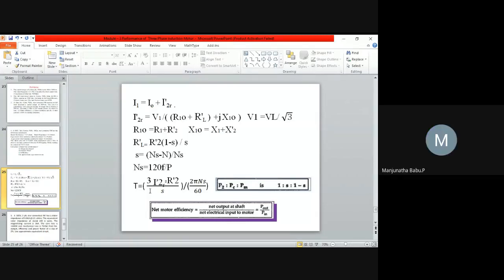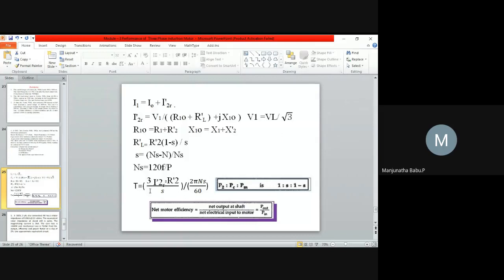So look here. Your formula is P2 is equal to 3 into I2' square. What is the current I2'? It is in polar form, 49.148.